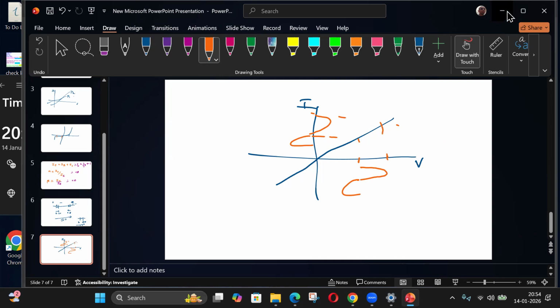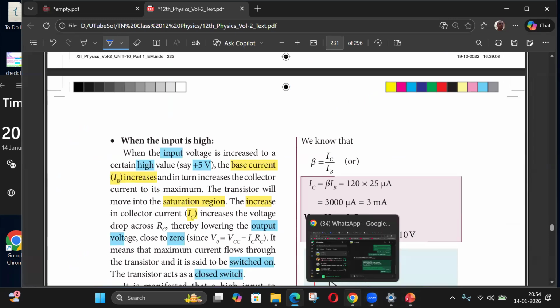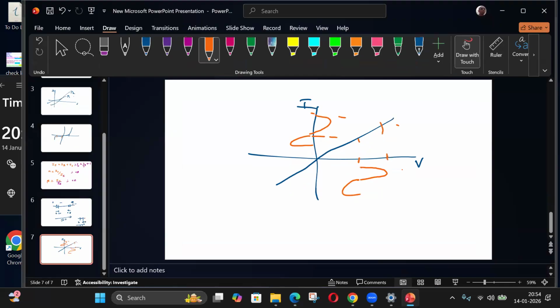So here, if you apply sine and the curve is a straight line, then the corresponding output will also be a sine. But suppose it's not a straight line, but it's distorted like a curve. Then this output sine will also be distorted. Only a straight line has this property: if the input is sine, output will be sine.